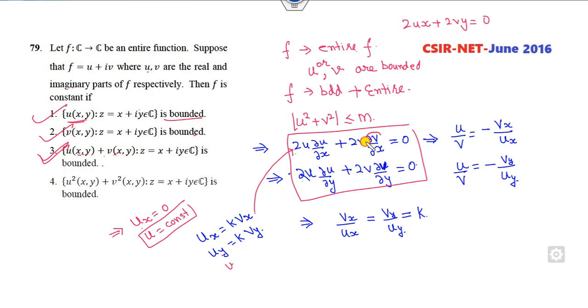Considering this as y and this as x, you can easily see this value will be 0. So this value is nothing but uy. So both are constant. Once u is constant, v is again a constant by the CR equation because of the entire. So this is also bounded, and once it is bounded, the function is constant as well.